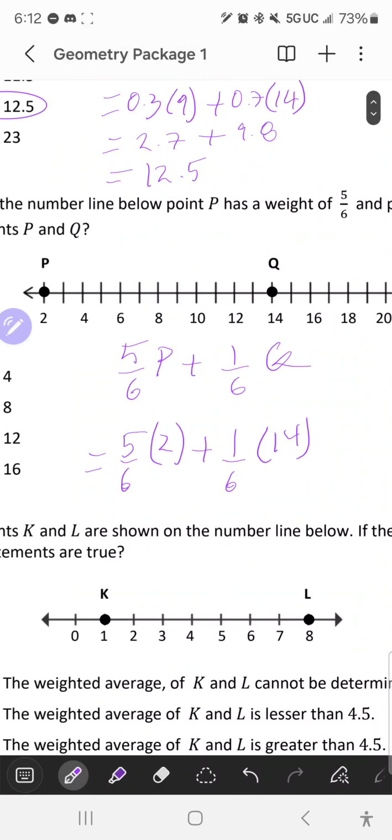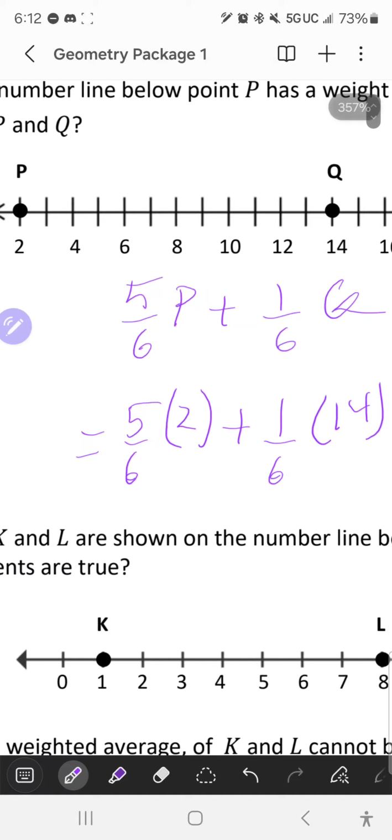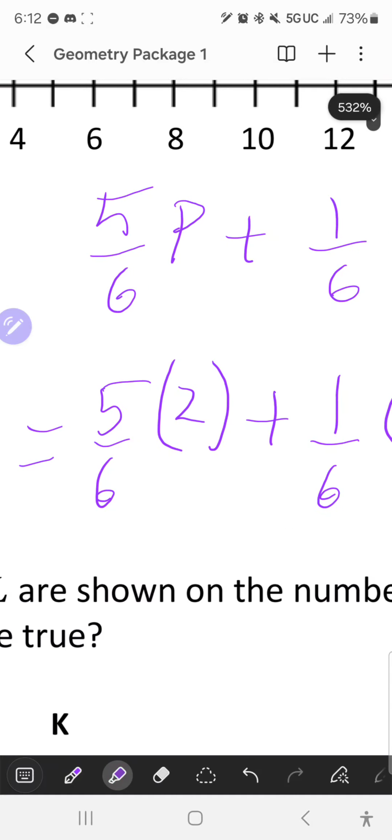Since there are fractions, always multiply numerator times numerator and denominator times denominator. And just to clarify first, this is the numerator and this is the denominator. The numerator is always in the upper part and the denominator is always in the lower part.